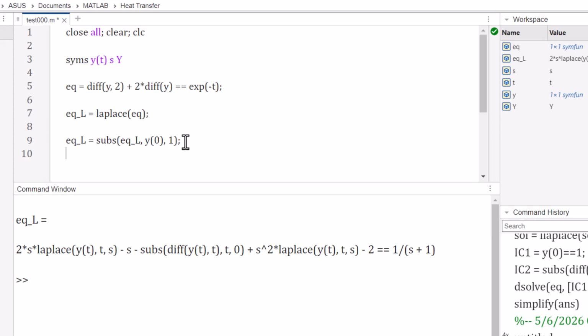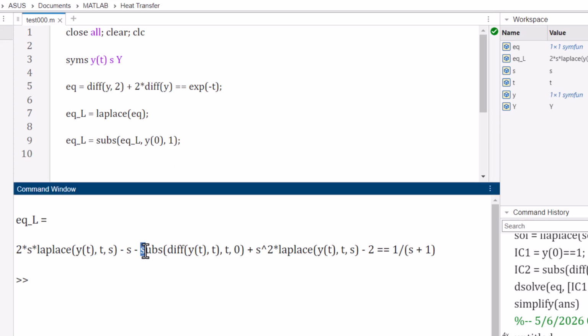But I'm not going to stop there. So this term is y prime at 0. So diff of y with respect to t is y prime, and it says substitute 0 instead of t. So it is y prime at 0.